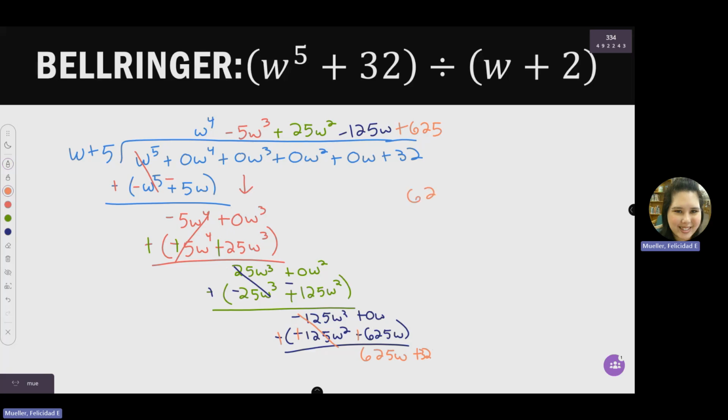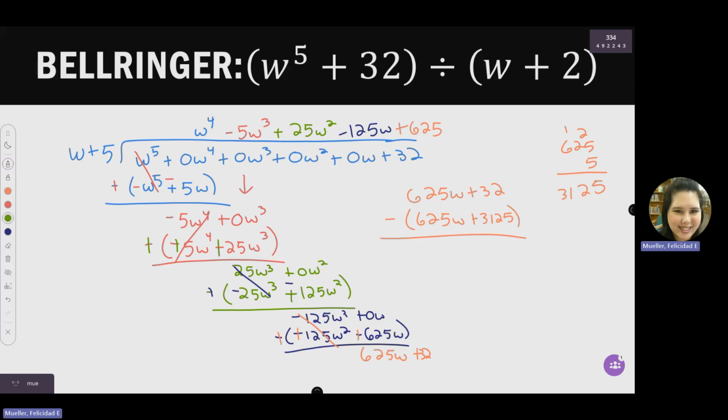So we have 625w plus 32. We're going to subtract 625w. 625 times 5, 25, carry the 2, 10, 12, carry the 1, 3125 plus 3125.